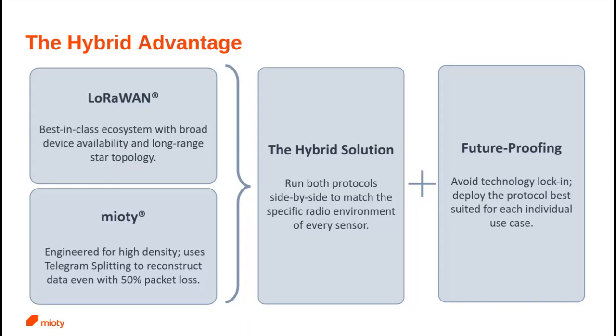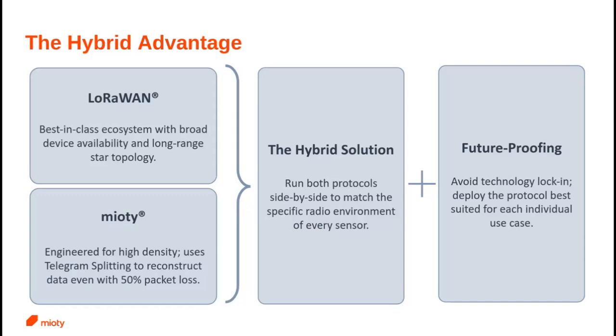But as you scale into high-density environments, interference, collisions, and so forth become a major obstacle for this chirp-modulated LoRaWAN. And this is where mioty shines. Because of the telegram splitting, a single message is split into many tiny short bursts across different frequencies, so it can survive extreme interference.